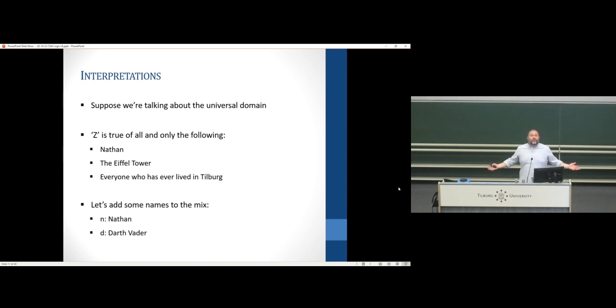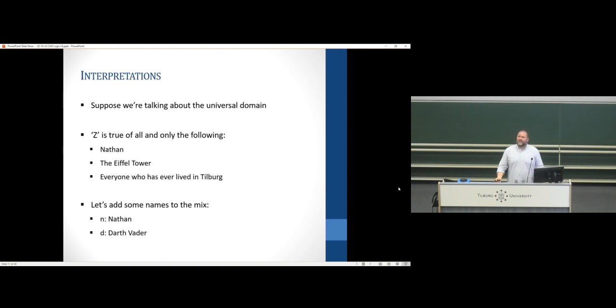This is the thing we do when we're building interpretations. If we add some names, we have little n for me and little d for Darth Vader. So based on this, if we say Zd, is Vader in the extension of the predicate? No. He ain't me, as far as I know. He's not the Eiffel Tower, and I'm pretty sure Darth Vader has never lived in Tilburg.